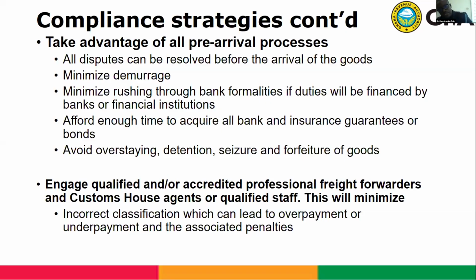Engaging qualified or accredited professional freight forwarders and customs house agents, or employing qualified staff in your organization, is one of the ways of ensuring compliance. Because when you engage the right professional or qualified staff, you avoid incorrect classification, which may lead to either overpayment or underpayment with its associated penalties.